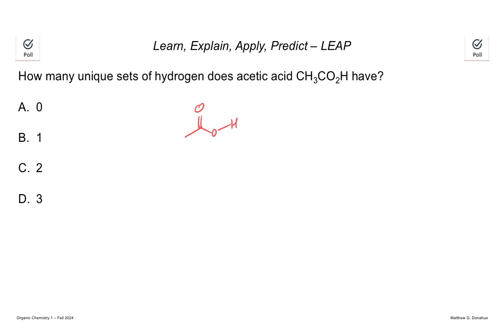And I mentioned that we want to be rational in how we go about determining where a reaction is going to take place. So if we look at acetic acid, how many unique sets of hydrogen does it have? So it has 2 unique sets, and then the ratio is 3:1.